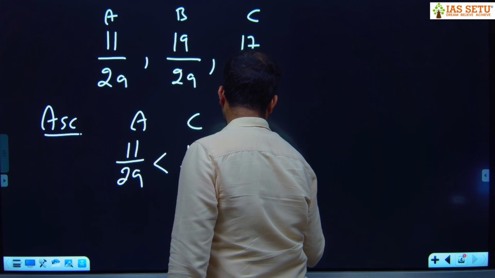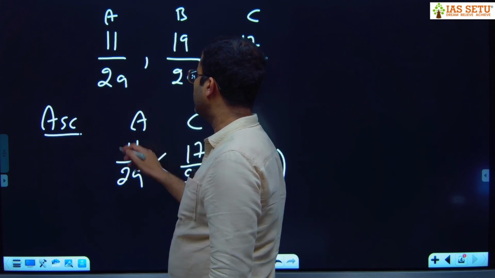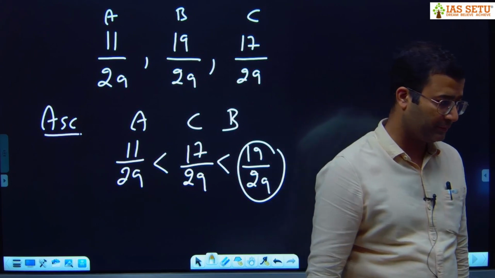So 19 upon 29 is the largest, 11 upon 29 is the smallest.